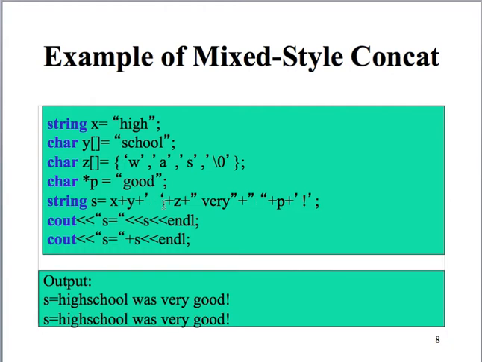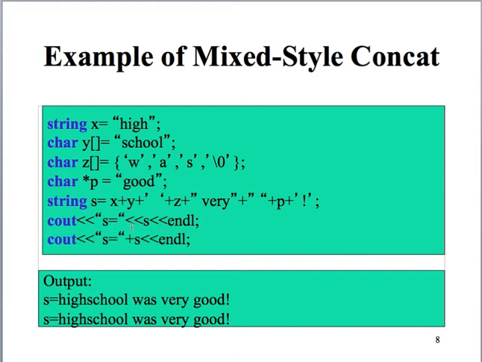So here we see adding a space between what's in y and what's in z, which is school and was, which is single character, space, single character. Adding in some constant text here with space very, another space using double quotes this time, and then whatever was in p, and then actually an exclamation point on the end. So all kinds of mixed stuff here. We've got single quoted characters, double quoted constant strings, single quoted characters as well as spaces, etc.